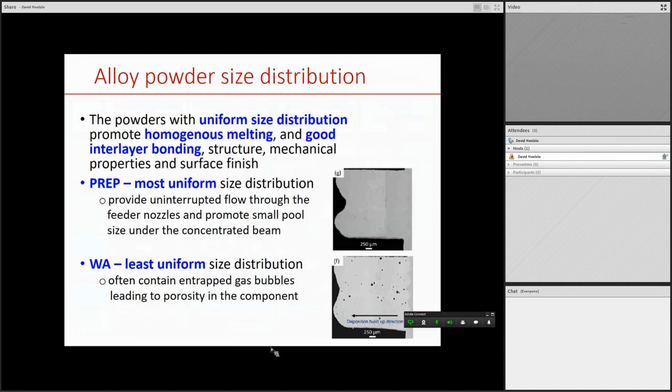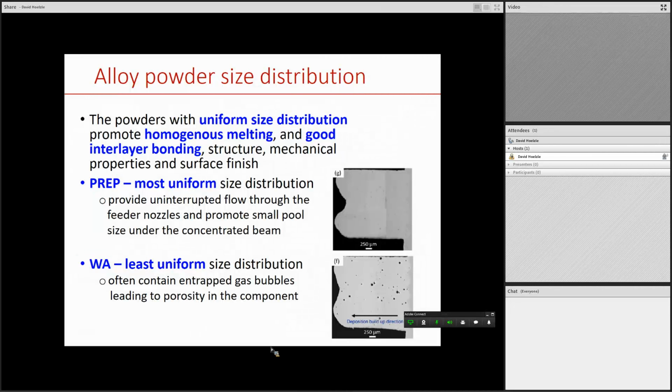So the quality of the powders actually significantly affect the quality of the components. The powder with a uniform size distribution will generate homogeneous melting and good interlayer bonding, and we can get a component with higher quality and better surface finish.